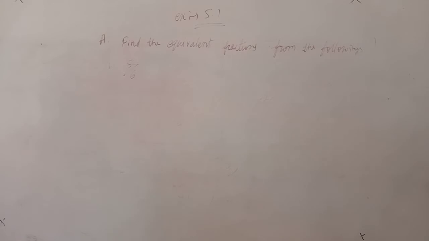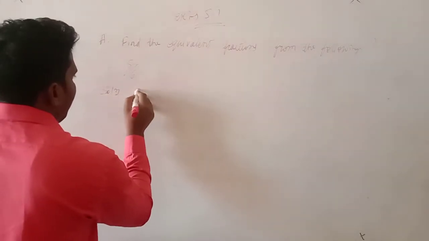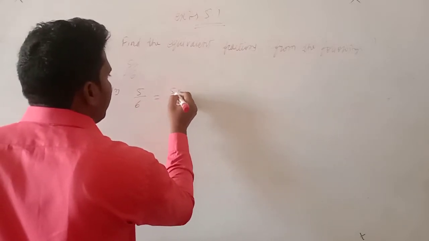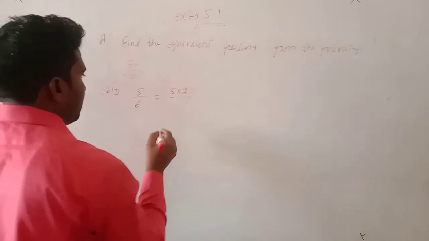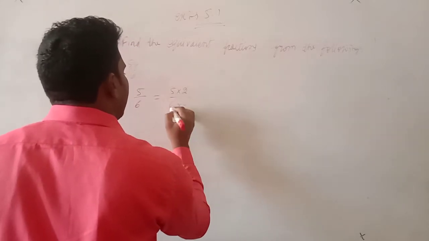For finding the equivalent fractions, we have to multiply the numerator and denominator by the same number. Then we can get the equivalent fractions. I am solving this one. 5 by 6 can be written as 5 into 2 by 6 into 2.